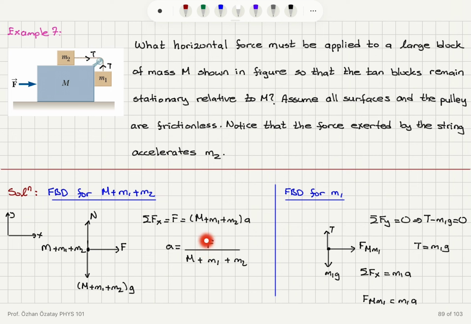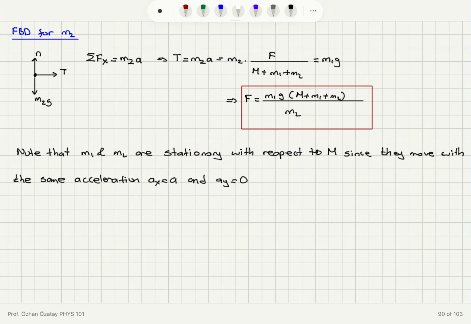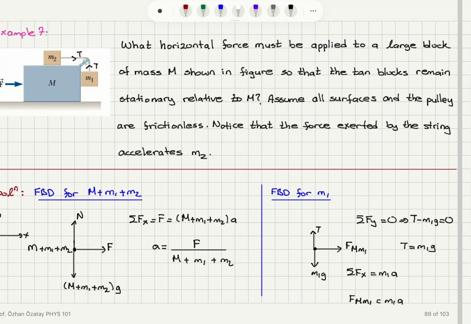x component, must be equal to F over the quantity M plus M1 plus M2. From the free body diagram of M1, being careful about the contact force between capital M and M1, I see that there is the force exerted by capital M on M1 that is responsible for M1A, and the net force on y must be equal to 0 because M1 cannot be sliding with respect to capital M. And for M2, I have the normal force, the weight, and the tension.